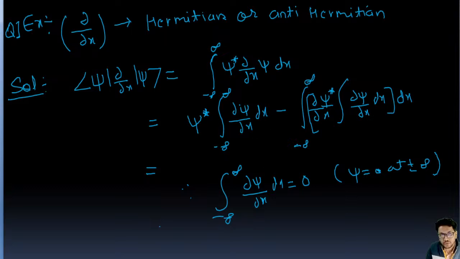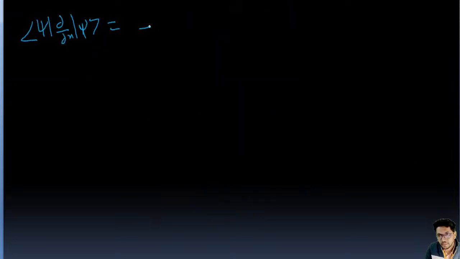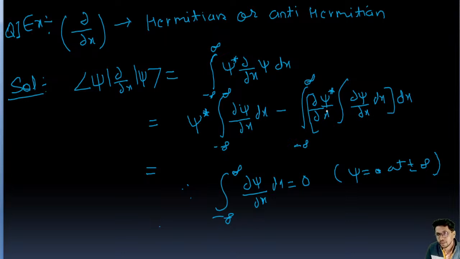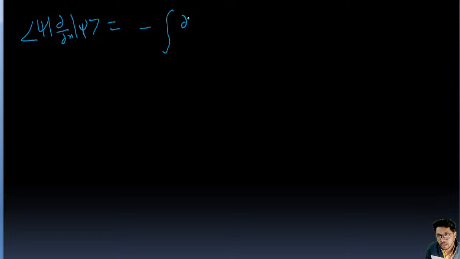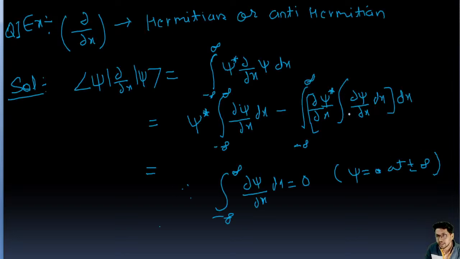So it is going to be minus integration del psi star over del x psi. And this one, guys, this is integration and differentiation of psi, right? We know the integration and differentiation get cancelled.